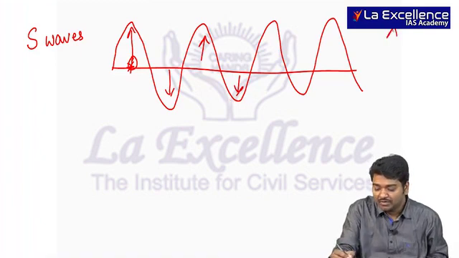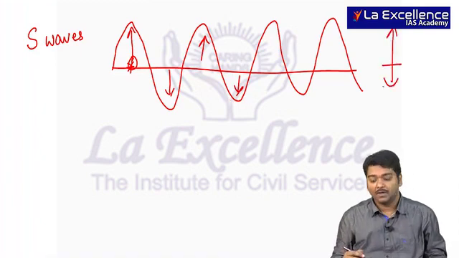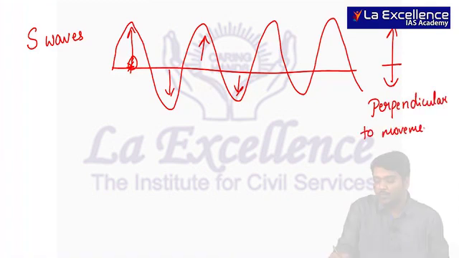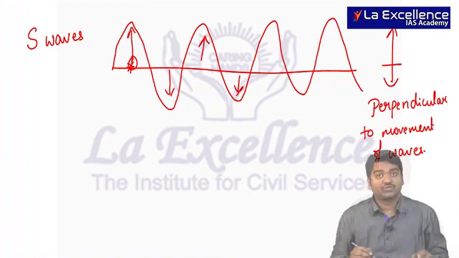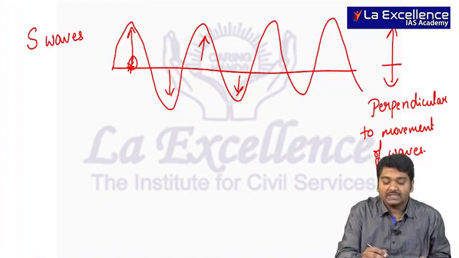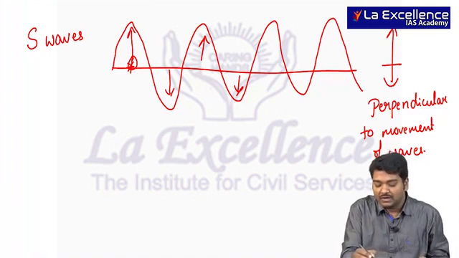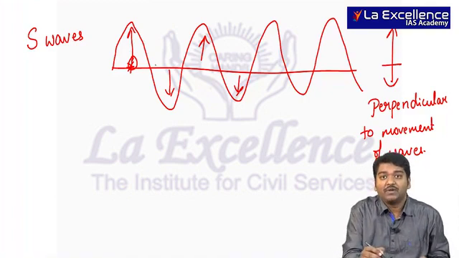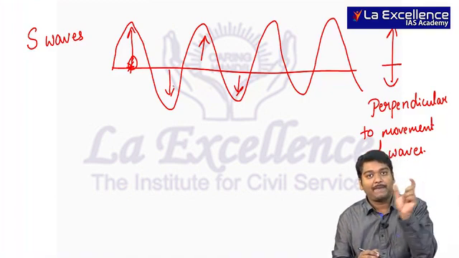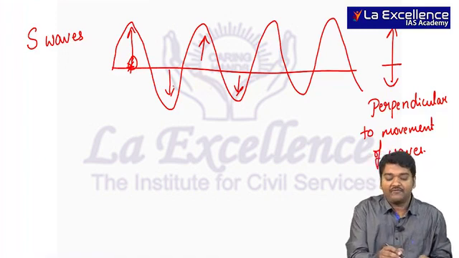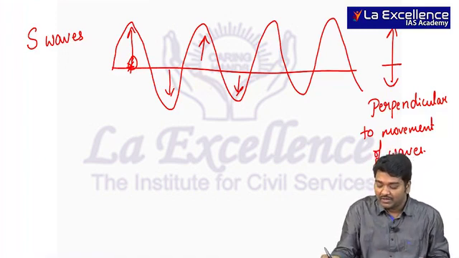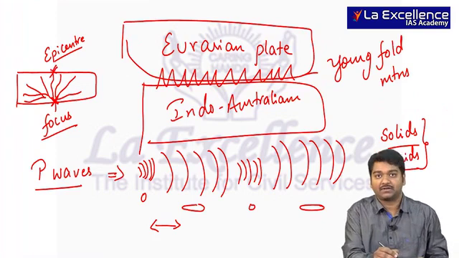Can you see the movement of the particle is up, down? We call it perpendicular to the movement of waves. So here I am talking about S waves moving like light or transverse waves, with particles moving perpendicularly, and P waves parallelly, correct?